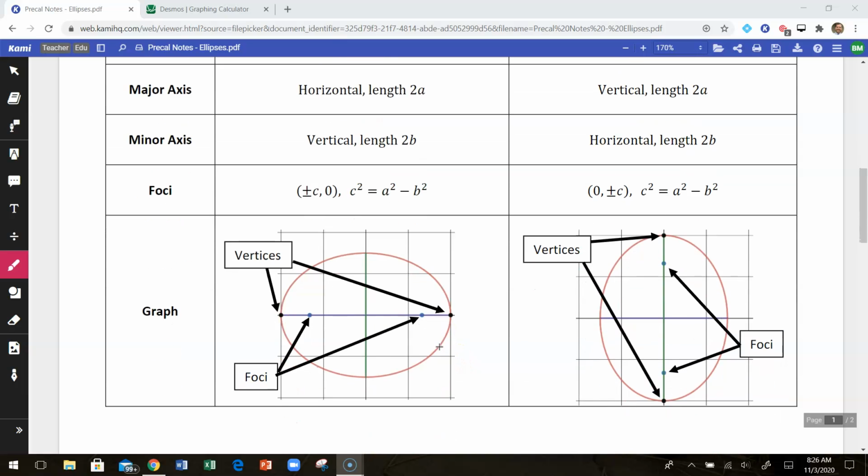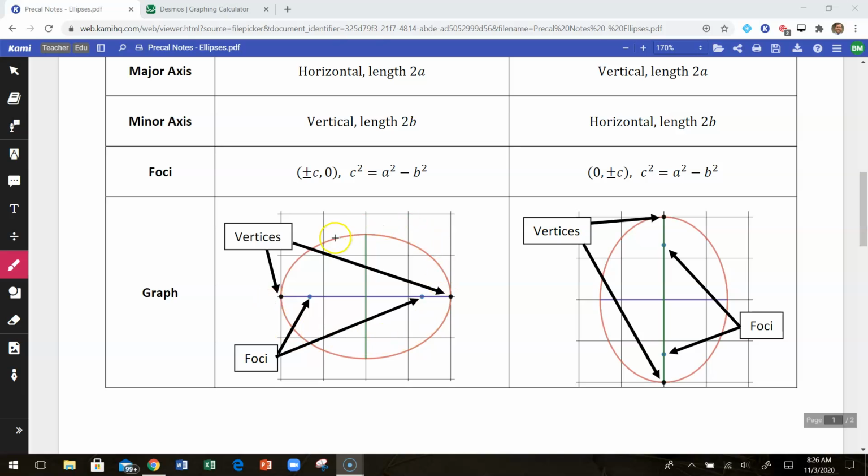Okay. So here we have a horizontally defined ellipse. The major axis would be this length here, the x. The minor axis would be the y here. The foci are on the inside on the major axis. The vertices are the endpoints on the major axis.